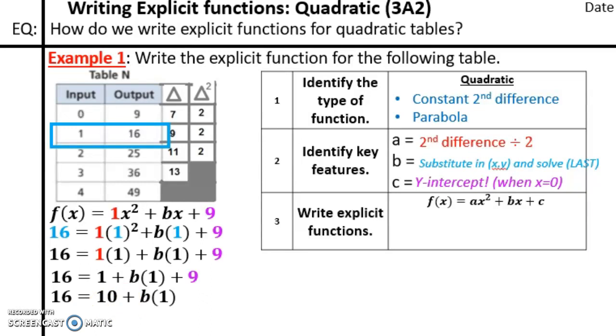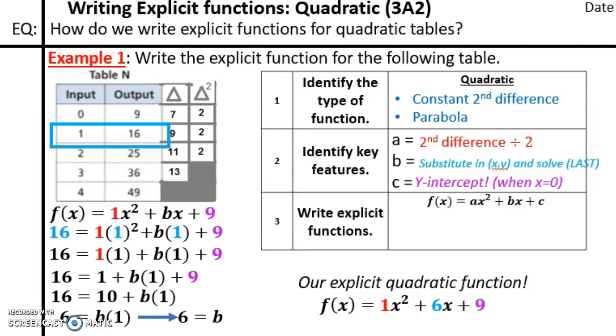Then we need to subtract 10 from both sides. So then that will give us 6 for b. And that is how we find b. Okay, so therefore our explicit quadratic function is 1x squared plus 6x plus 9.